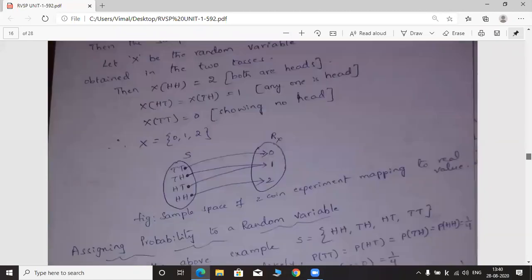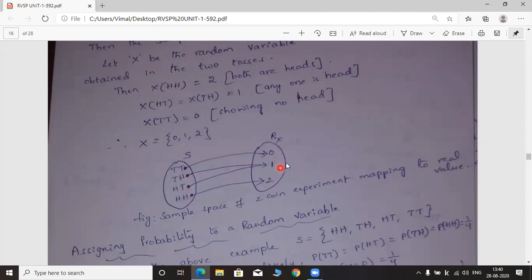Now, mapping the sample space to real values. All of you see this diagram. Within the sample space, we have 4 possible outcomes: both are tails, one is head and one is tail, here also one is head and one is tail, and both are heads. What are the real values here?